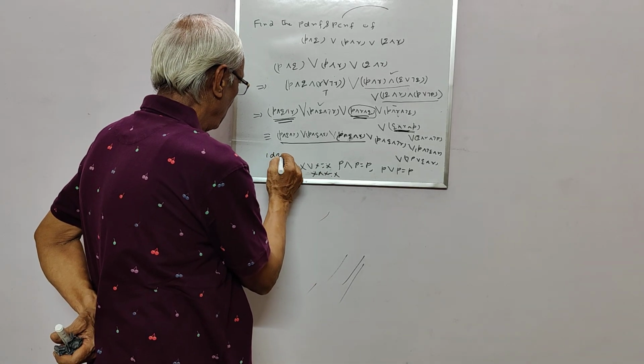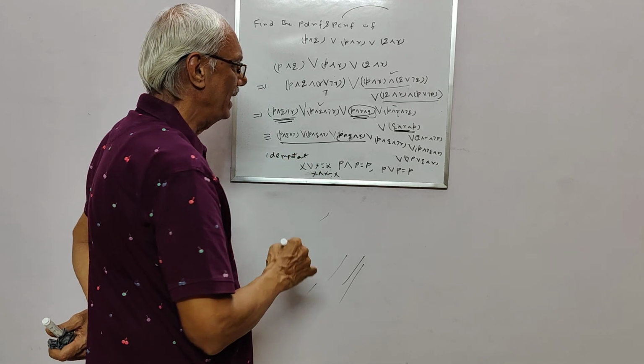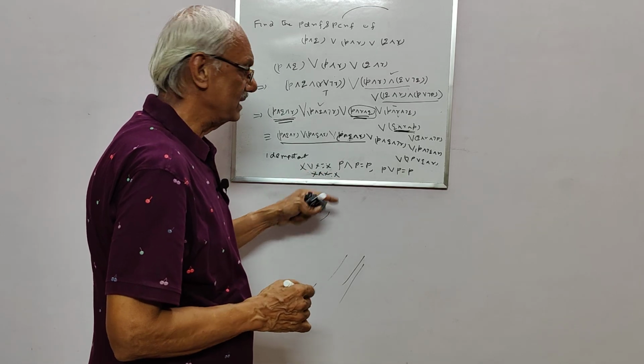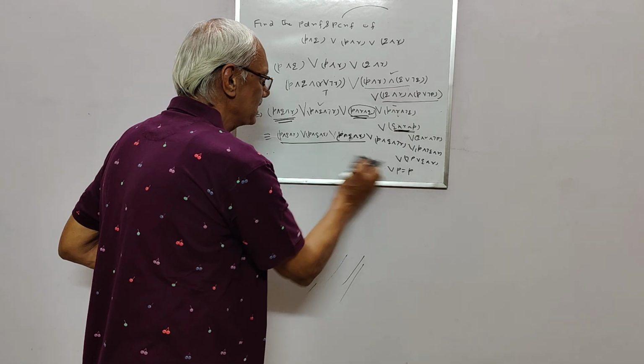This is called your idempotent law. X intersection X is equal to X. X union X is equal to X. Now you see that here I apply this law.